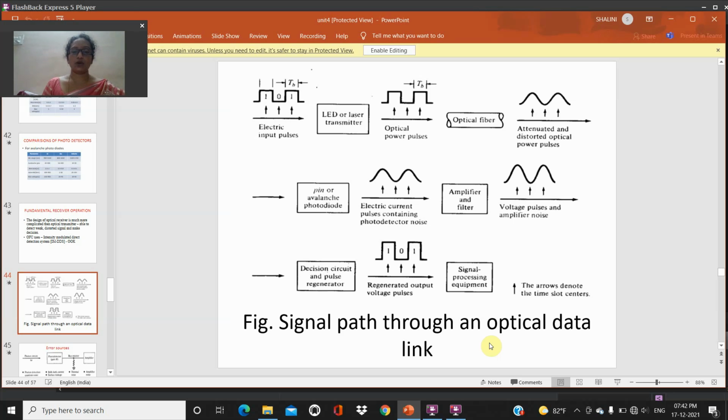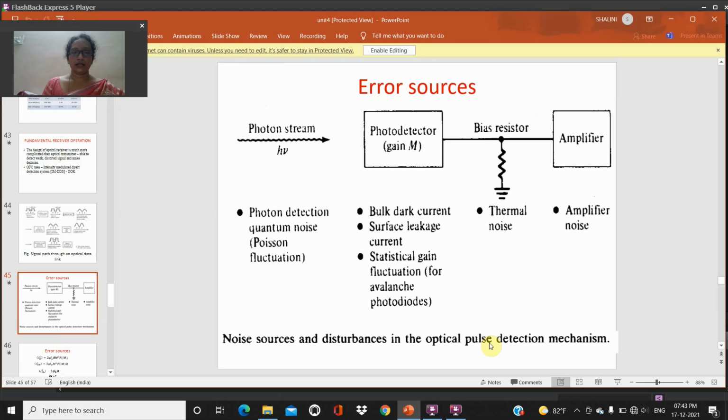Signal path through an optical data link: error sources. What are the error sources?